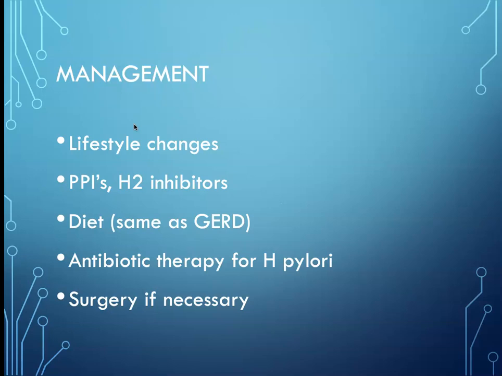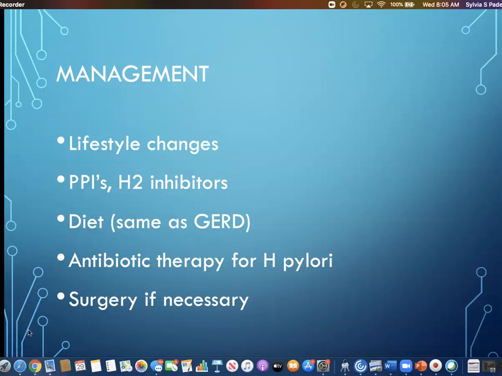And then if all that fails, they can undergo surgery in extreme cases. This is where I was mentioning that 5 to 10% of patients may require surgery to manage this. And now moving on.